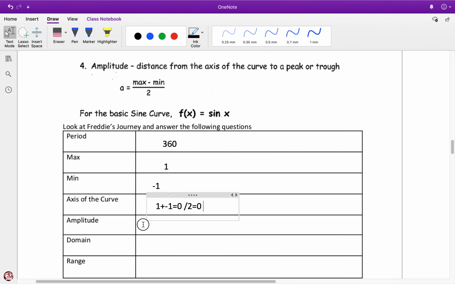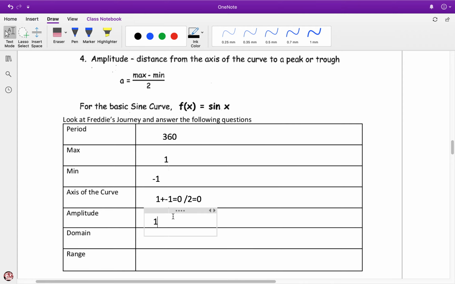Now for amplitude, I have a little formula here. It's max minus my minimum, divided by 2. So I'm going to go max, which is 1, minus my minimum, which is -1. That's going to equal actually 2, because negative and negative make a positive. Then divide this by 2, which equals 1.